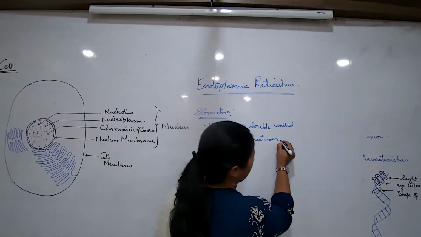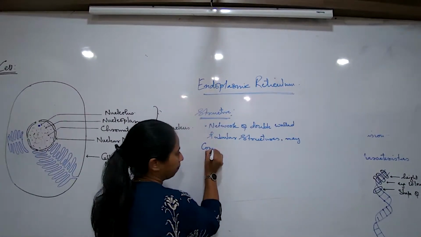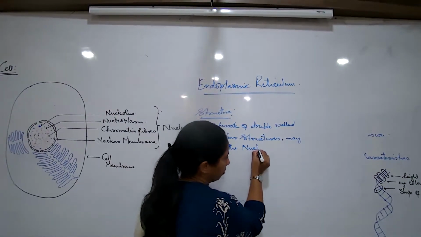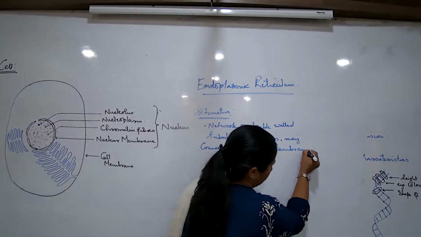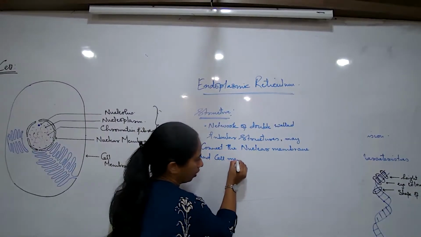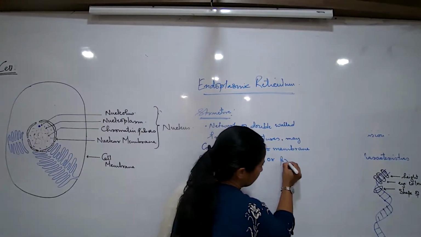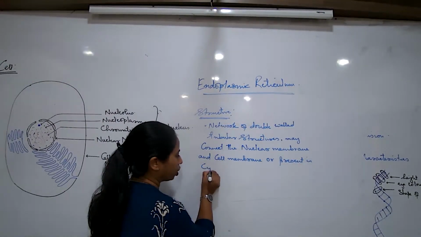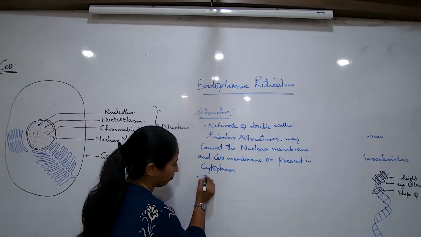So, these tubular structures may connect the nuclear membrane and the cell membrane, or they may be only present in the cytoplasm. So this is their location. Where are endoplasmic reticulum present?